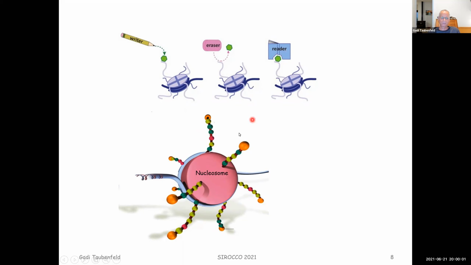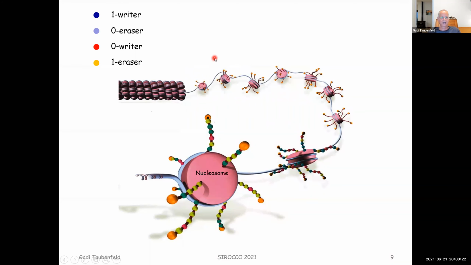And readers actually observe what the state is. They are the executors, and we are not going to focus on them. We're only going to focus on writers and erasers, because the synchronization problems that we are going to introduce, which relate to how genes are activated and deactivated, involve only writers and erasers.